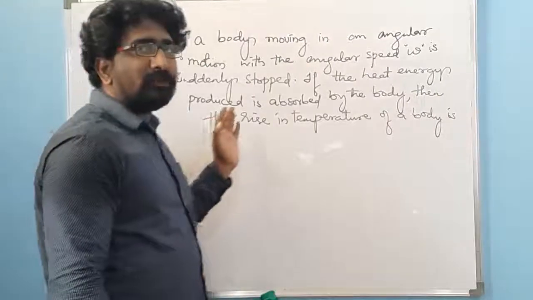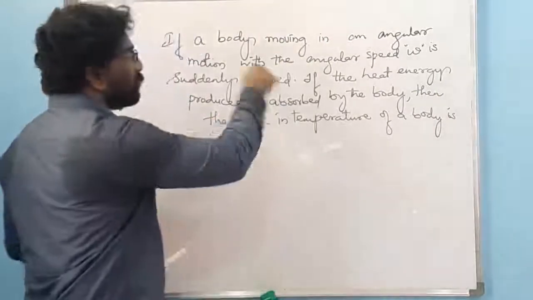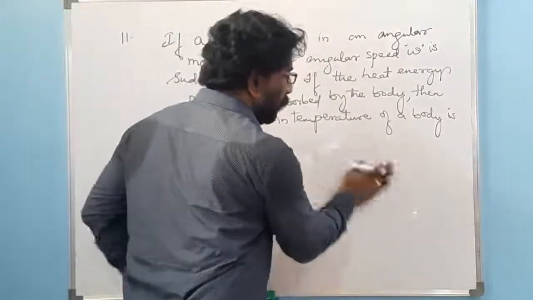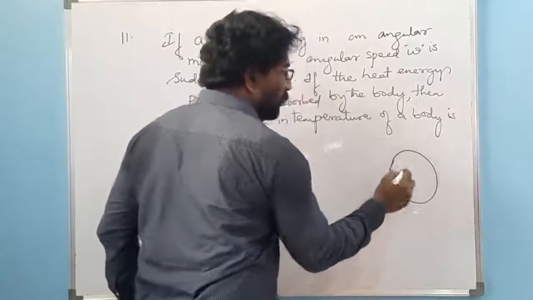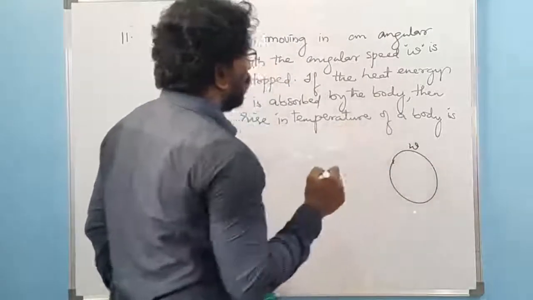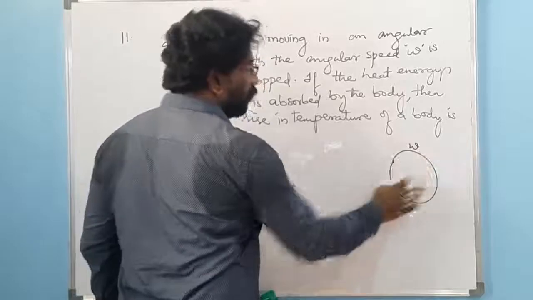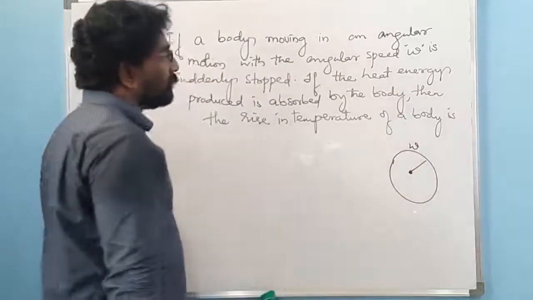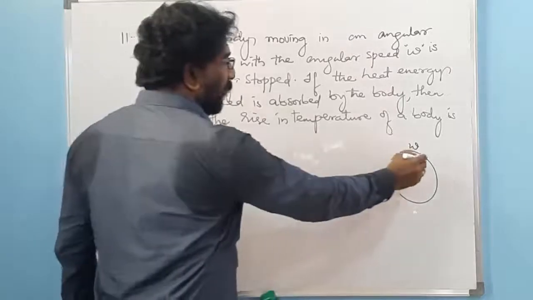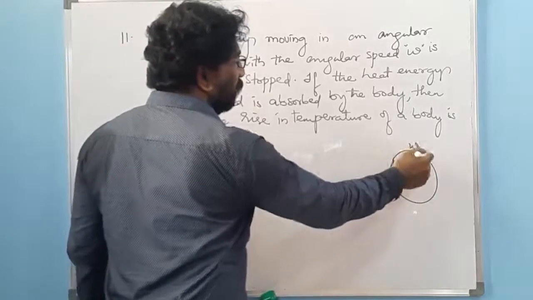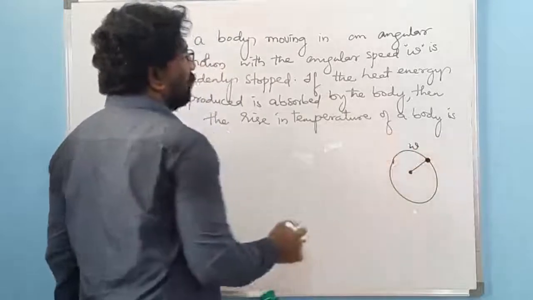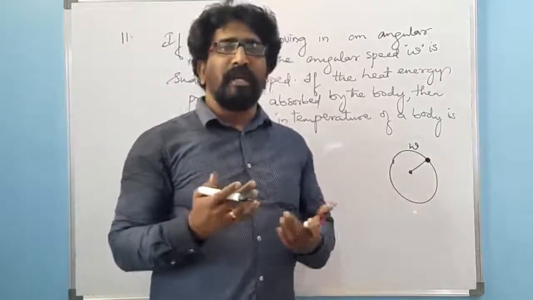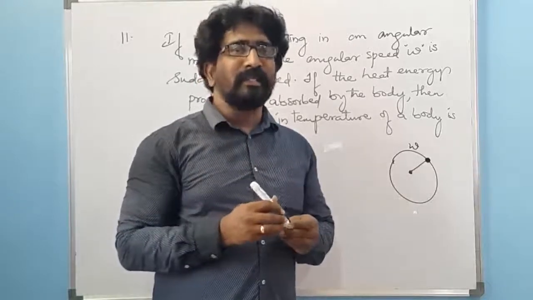See here, in this particular question, there is a body moving in an angular motion with some angular speed omega, moving with some radius. If that body is stopped suddenly, because it was continuously in motion, it gains some heat energy.